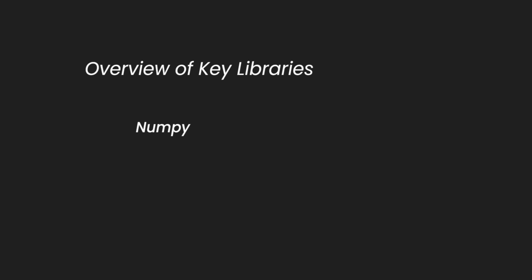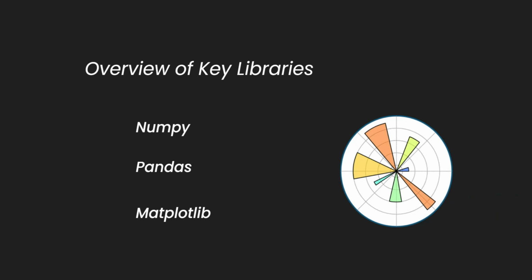Then Pandas, a powerful data manipulation library that allows you to work with data structures like DataFrames, making data cleaning, transformation, and analysis much easier. Then Matplotlib, a versatile plotting library used for creating static, animated, and interactive visualizations in Python. It's great for generating plots, charts, and other visual representations of data.